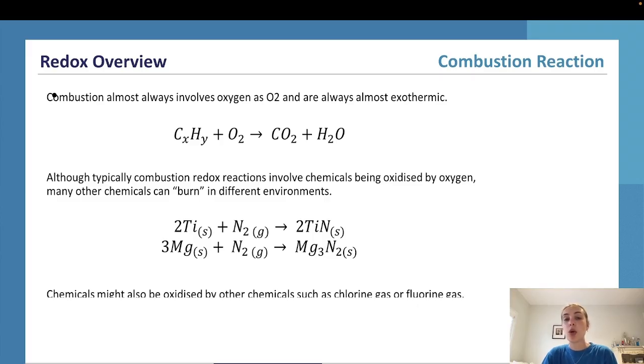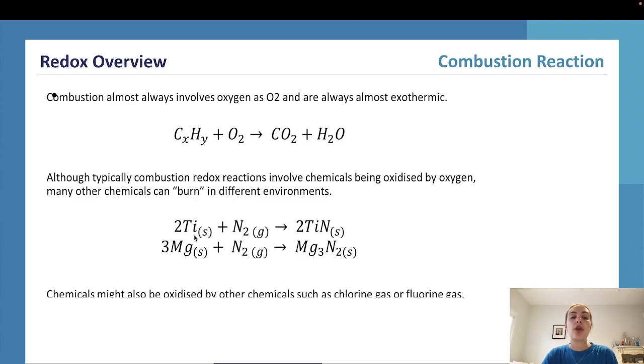But typically it's going to be oxygen, and that's the one which you look at throughout grade 12 and units 3 and 4. But here are some examples just to show that it does in fact occur under other circumstances, so don't be surprised if someone does mention a combustion reaction which burns in a different condition.